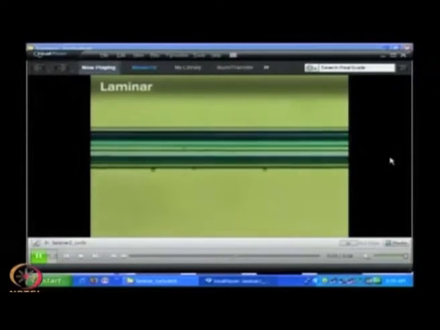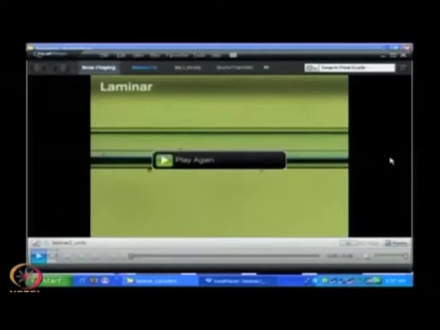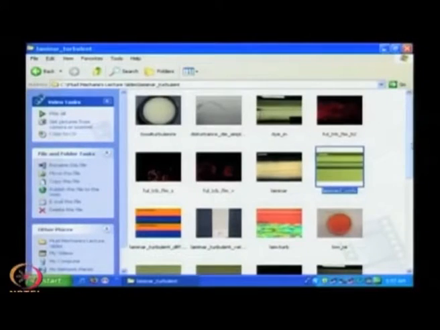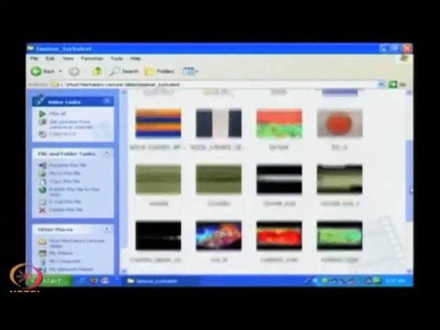If you see this example, different colored dyes were used and you can see that it is just like one moving on top of the other in a very regular and orderly manner.